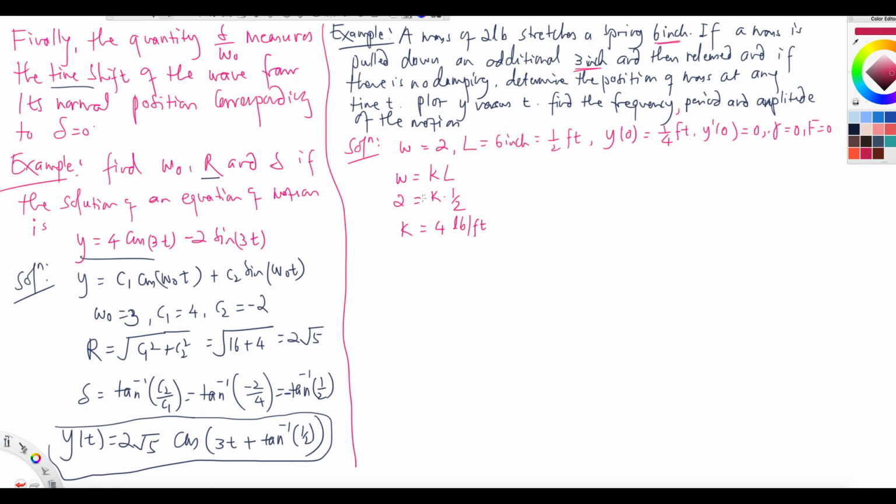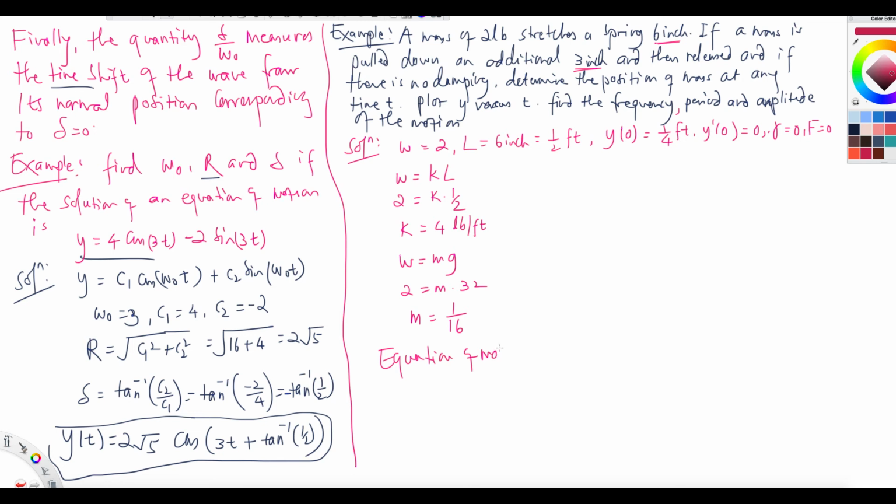Now, I want to find out the mass of that object. W equals m times g, right? W is given as 2, so 2 equals m times g, which is 32. What is m then? M will be 1/16. That is the m. So what is the equation of motion then?